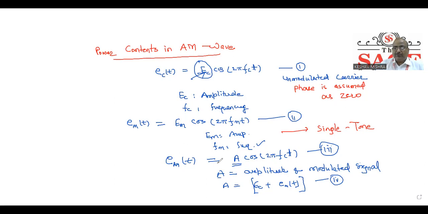So we can now write down the expression for the AM signal. The AM signal is given as A cos 2 pi fc t.